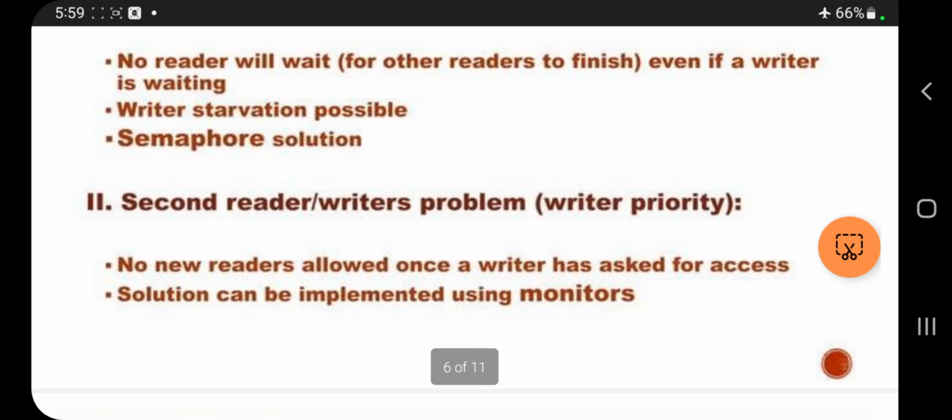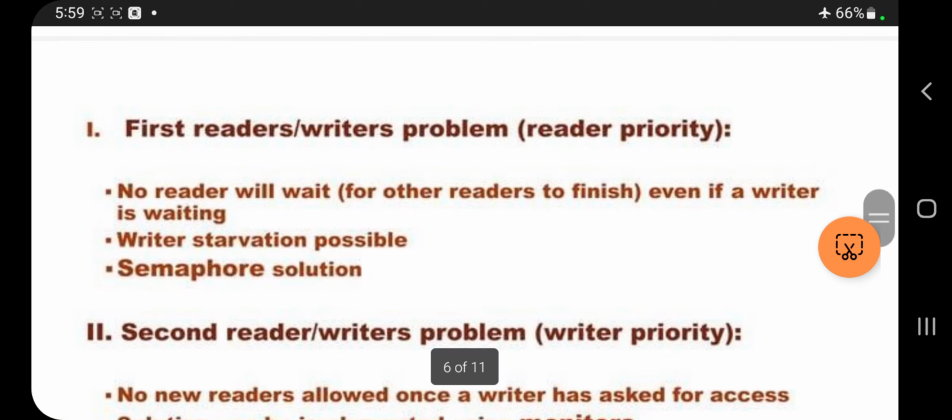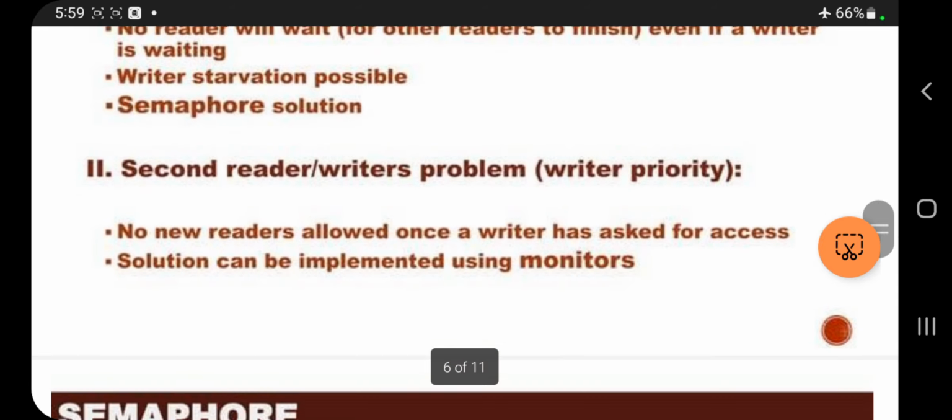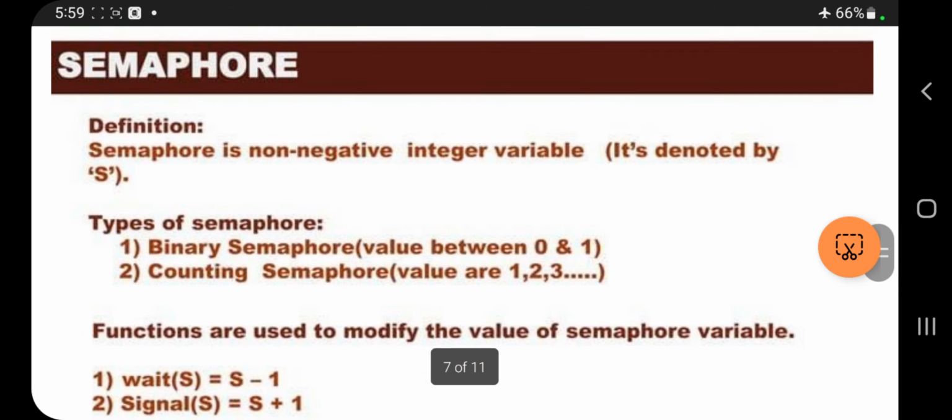Now we are going to discuss what a semaphore is. A semaphore mutex is used to ensure mutual exclusion. A semaphore is a non-negative integer and it is denoted with the symbol S. There are two types of semaphores.